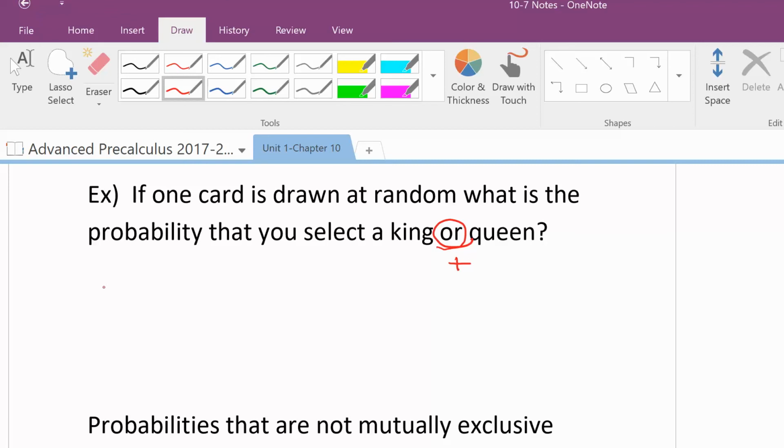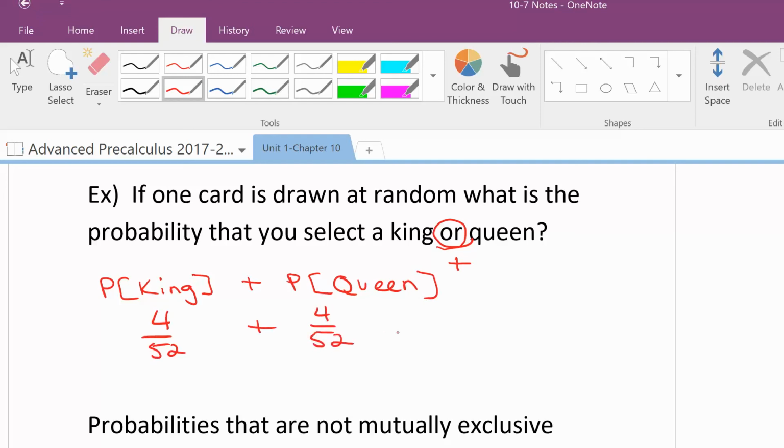So the probability of getting a king plus the probability of getting a queen. Well, the probability of getting a king is 4 out of 52. And the queen is also 4 out of 52. So that equals 8 out of 52, which reduces to 2 out of 13.